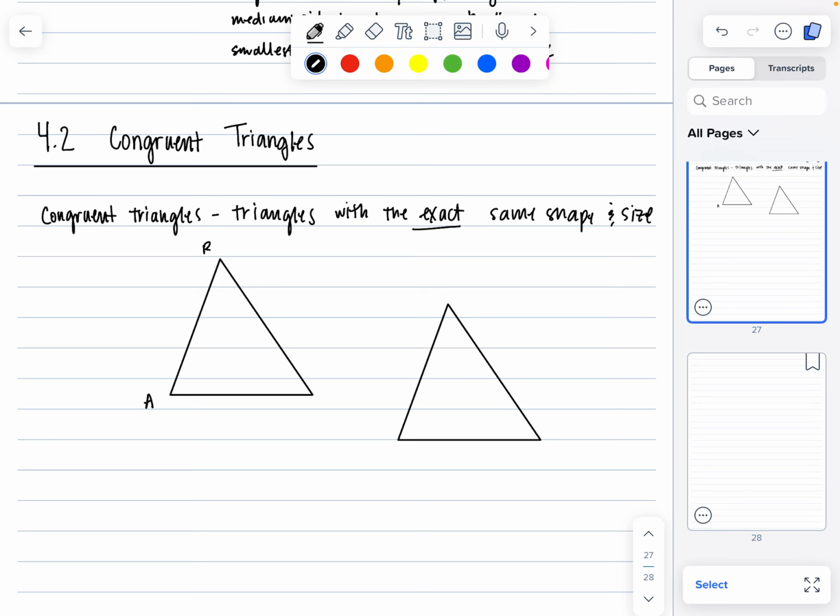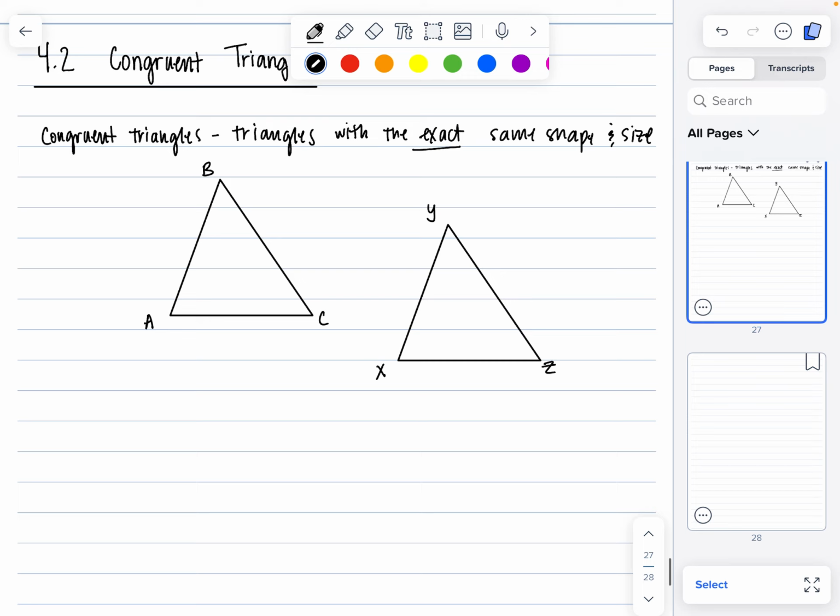So I'm going to say A, B, C for this first triangle, and then X, Y, Z. Okay, and I'm going to state here that triangle ABC is going to be congruent to triangle XYZ.